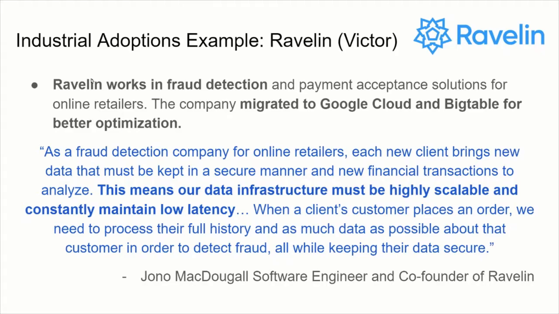So just like with Spotify, you need an infrastructure with highly scalable tables. And Google's Bigtable offered a good solution to Ravelin with its low latency stability and guaranteed security. This sort of goes back to our real world example mentioned previously of financial data, and it sort of relates to marketing data as well, but this is more so looking at specifically financial transactions on the market.